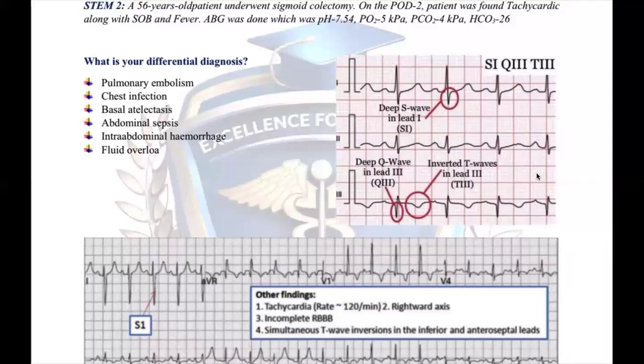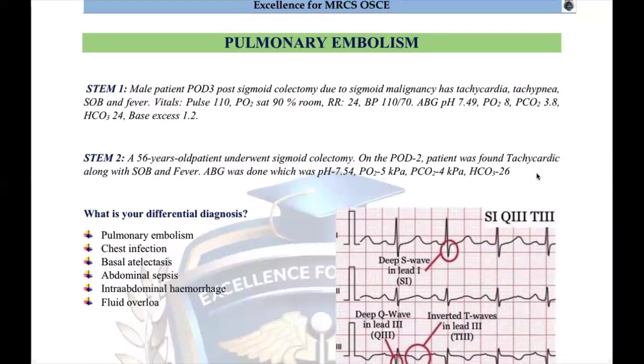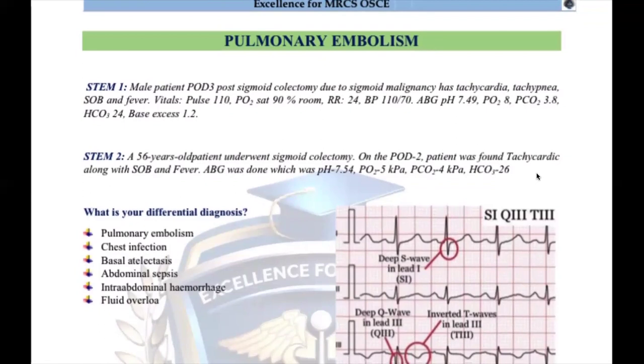But what are the things? Especially, I think basal atelectasis comes earlier, right? Yes, the question is about the second and third postoperative day. I completely agree with you, because development of pulmonary embolism will take 6 or 7 days, 5 days is also correct. But the earliest respiratory complications are basal atelectasis and other things.